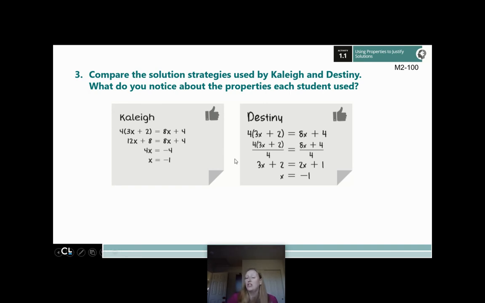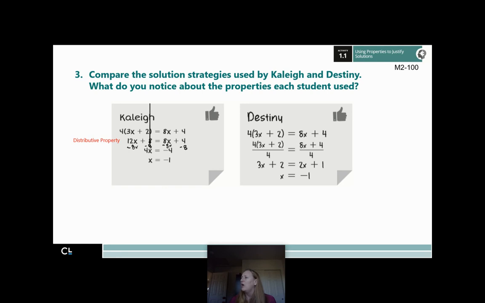All right, so I started off with Kaylee's solution over here, and I'm looking at what she used. It looks like she got rid of those parentheses first. She distributed that 4, so that's definitely some distributive property. It looks like she then kind of did a twofer on this, right? She subtracted 8x on both sides, but at the same time, she also subtracted 8 on both sides.